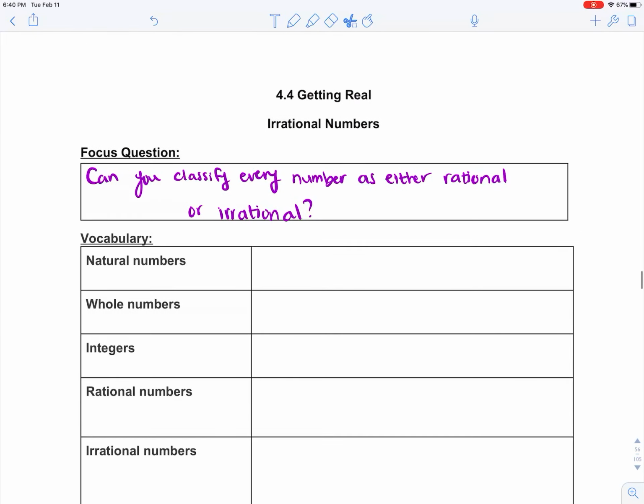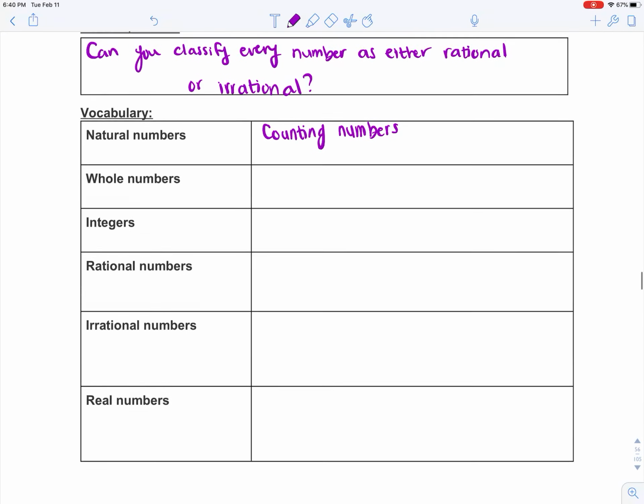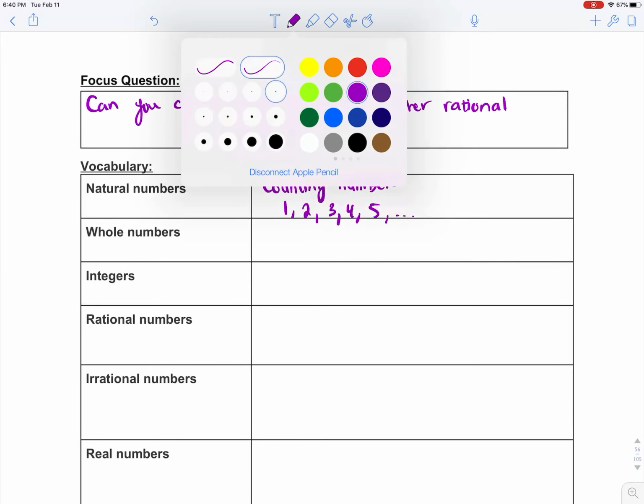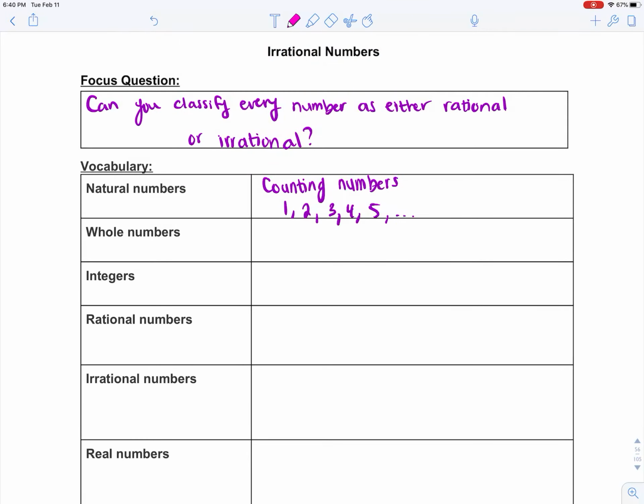So, natural numbers, you might remember, are your counting numbers. For example, 1, 2, 3, 4, 5, and so on and so forth. Nice and easy. Those are what we call our natural numbers. The next set of numbers is what we call whole numbers.